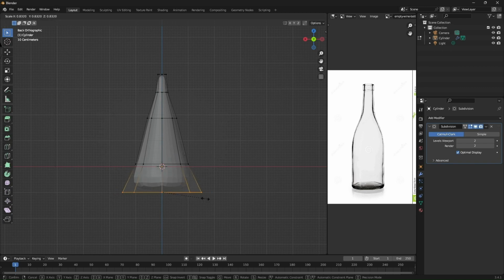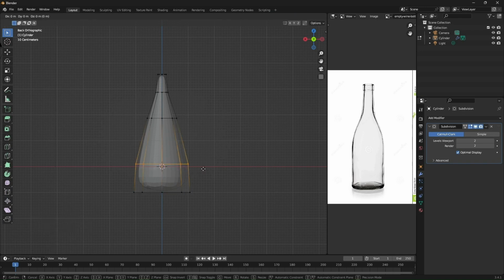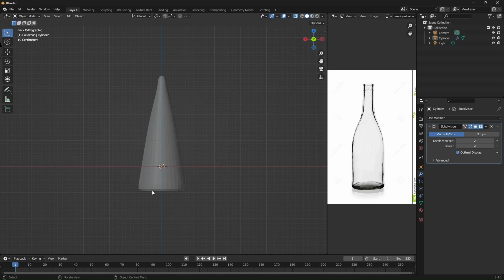I'm going to scale it inwards. And then to make the flat bottom, I'm going to scale these vertices downwards. And it gives us a nice flat bottom. I'll switch real quick so you can see.